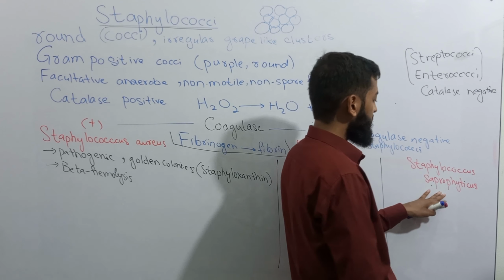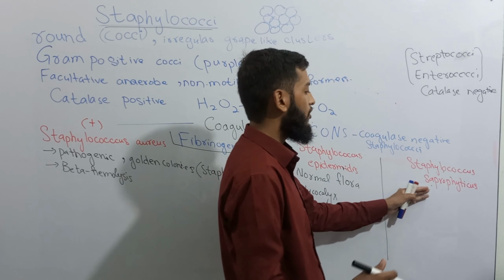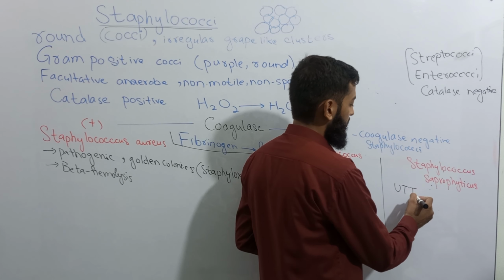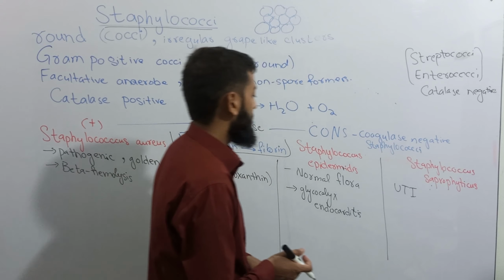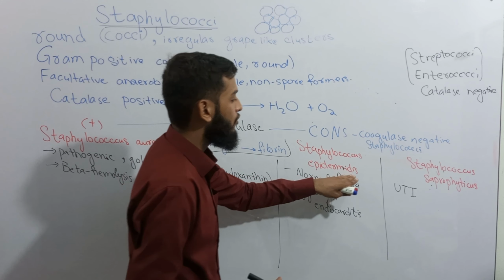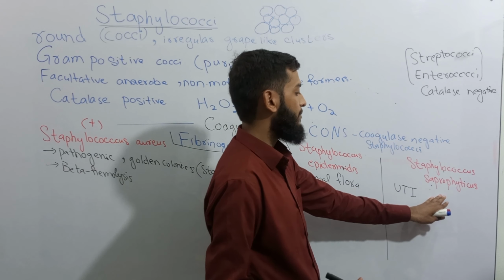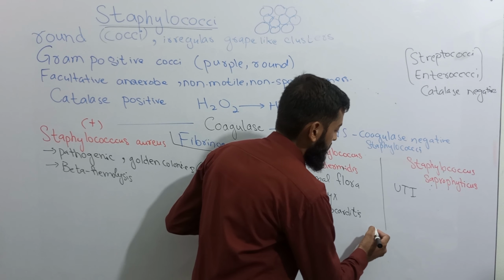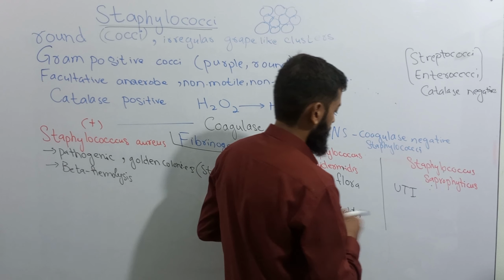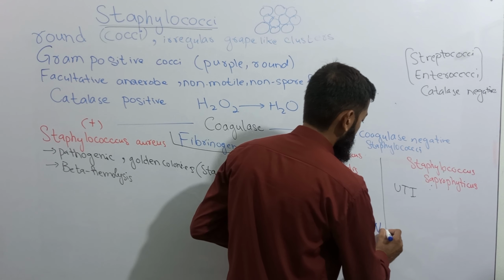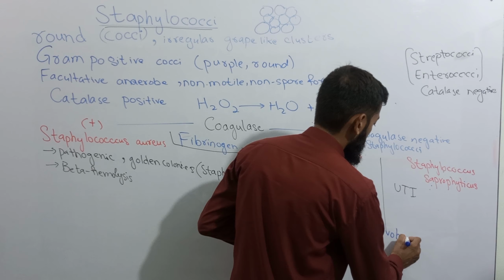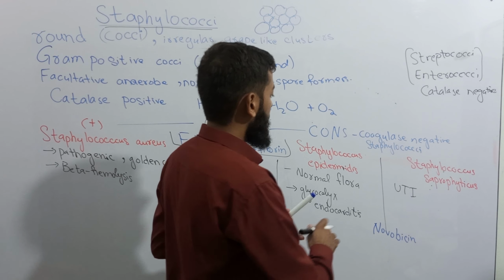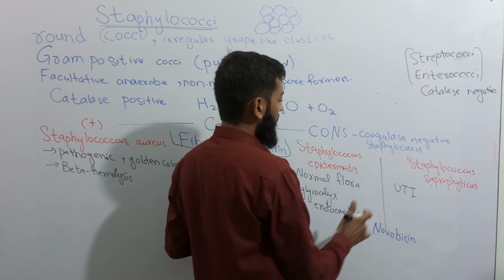Staphylococcus saprophyticus only causes infections like urinary tract infection. To differentiate between Staphylococcus epidermidis and Staphylococcus saprophyticus, we can perform a test with novobiocin. Novobiocin is a drug used to differentiate between these two bacteria.